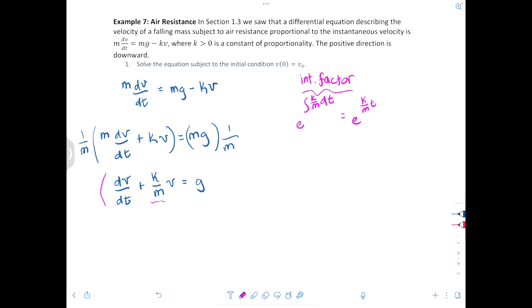So now, multiplying both sides by our integrating factor, we'll have, on the left, as was our evil plan, e^((k/m)t) times v, and that's equal to g e^((k/m)t).